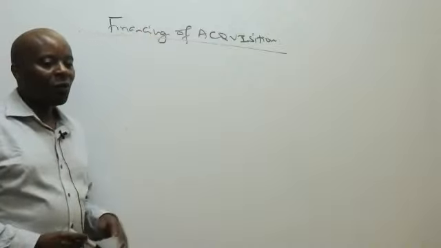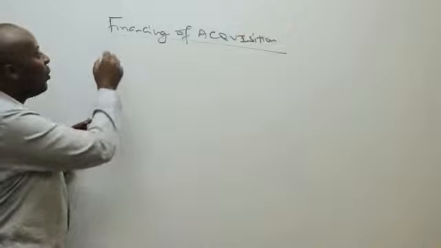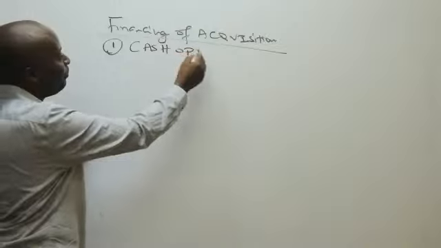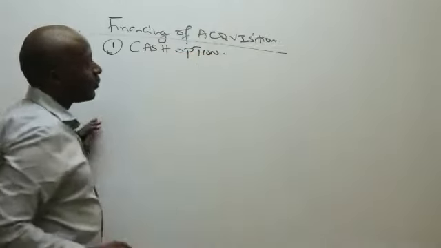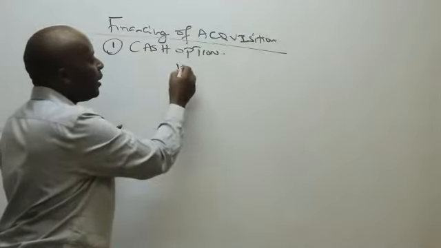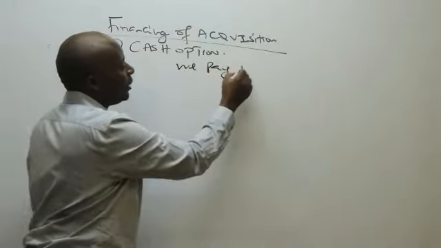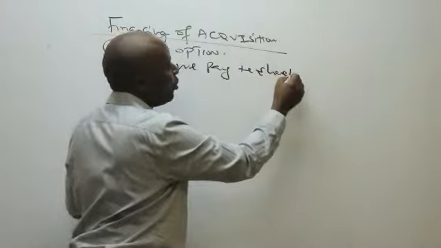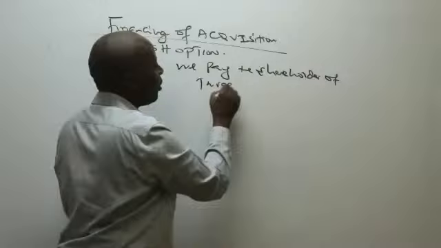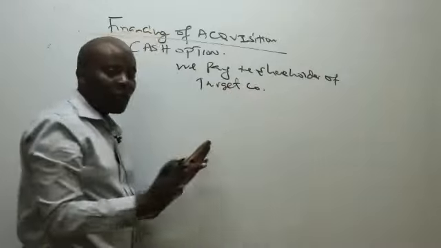So financing of acquisitions, ladies and gentlemen, number 1, we could use in this case here, cash option, where we simply pay the shareholders of the target company for the shares we acquire.